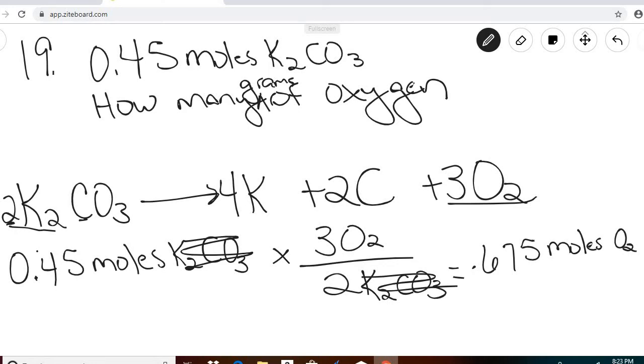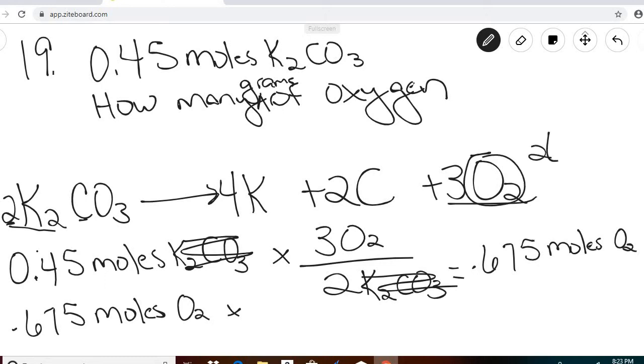We were asked for grams, so we just need to convert that then to grams. 0.675 moles of oxygen. We're going to grams, so grams will go on top. And for O2, there's 2 times 16.00. So it's going to be 32.00 grams in 1 mole for oxygen gas.